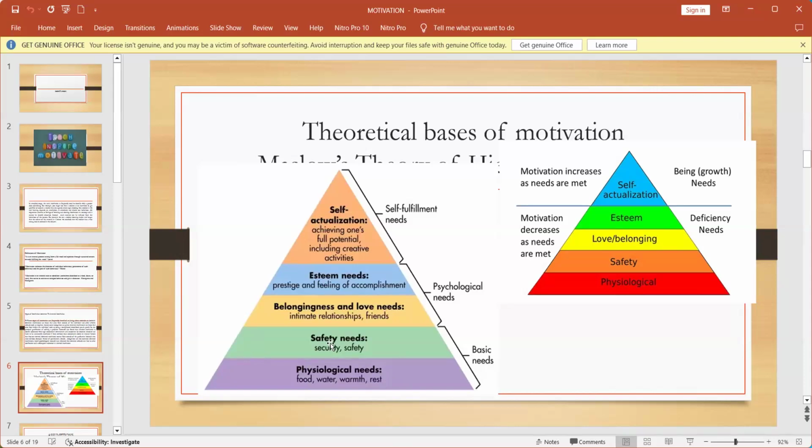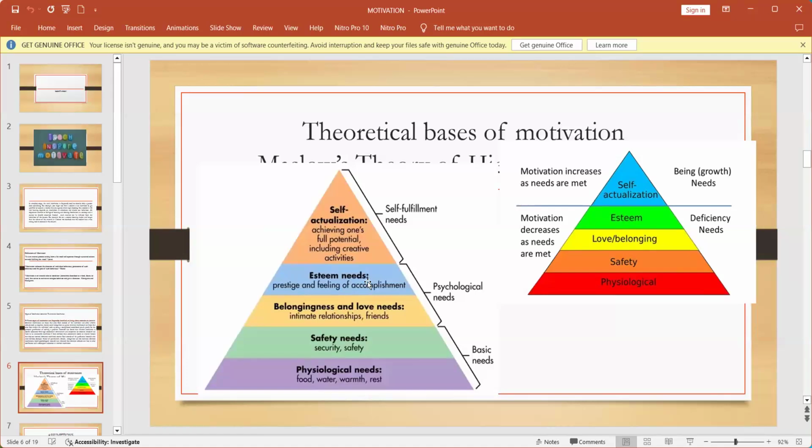Now in light blue, you can see esteem needs: prestige and feeling of accomplishment. That is, your learners doing well in studies, getting certificates, passing exams, and all that comes as the fourth important need, the esteem needs. Below the esteem needs, there are three other more important needs to be fulfilled.